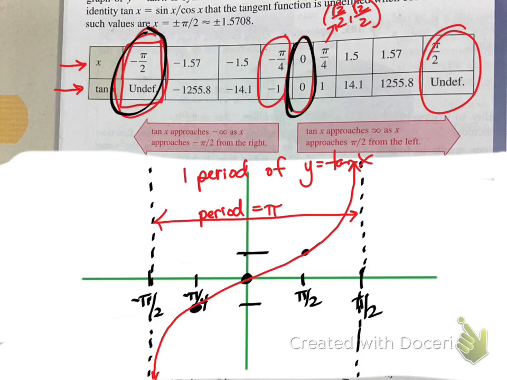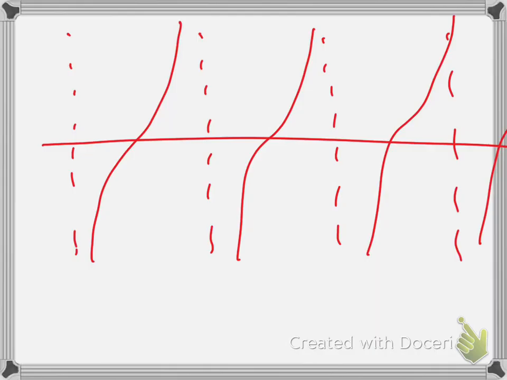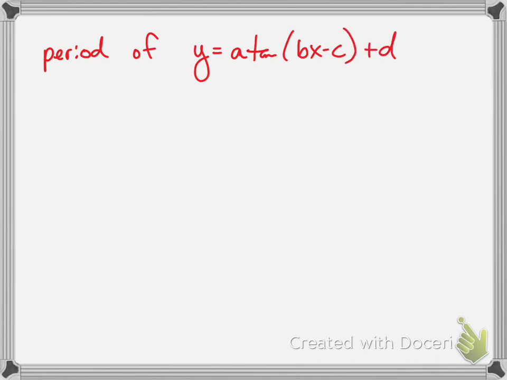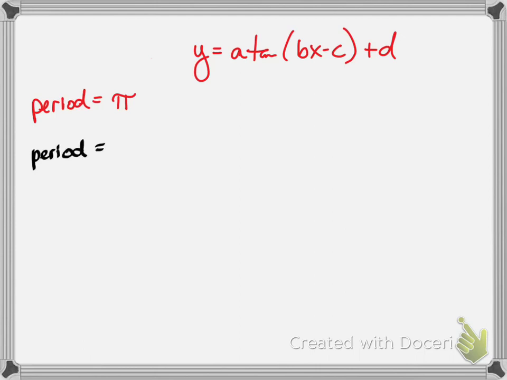All right, so what do you need to know? You need to know the period of y equals a tan bx minus c plus d. You need to know the period is pi. If there is a b value, then we can find it using the period formula. And it's not 2 pi over b, it's pi over b.